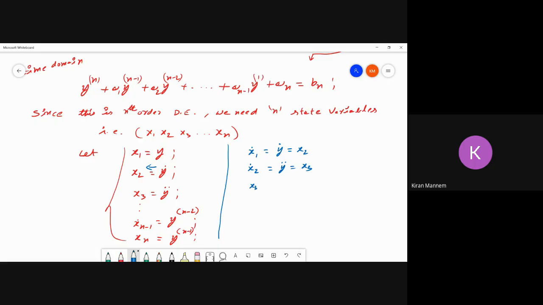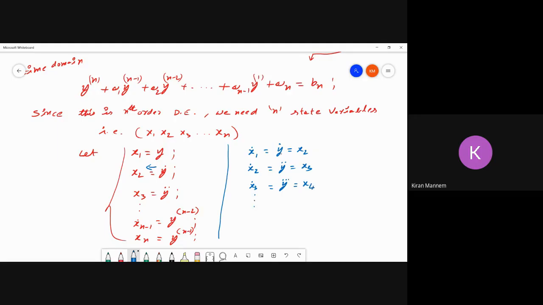So what is x3 dot? y triple dot, which is x4.